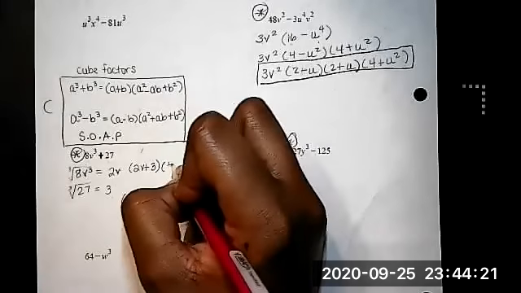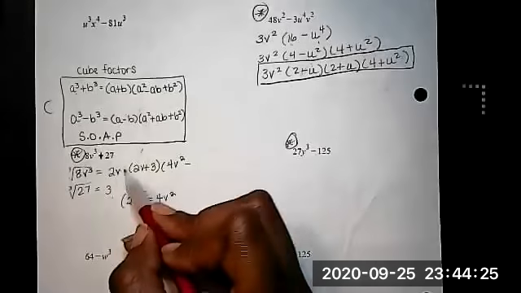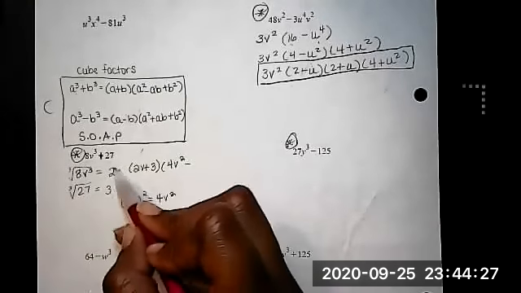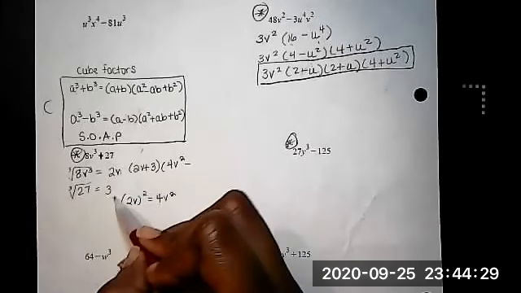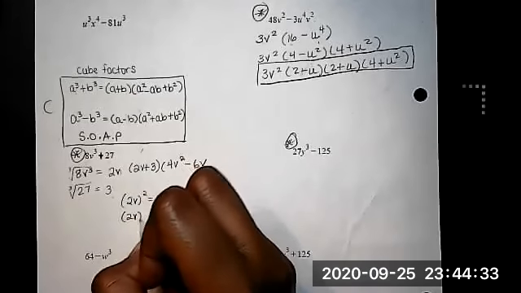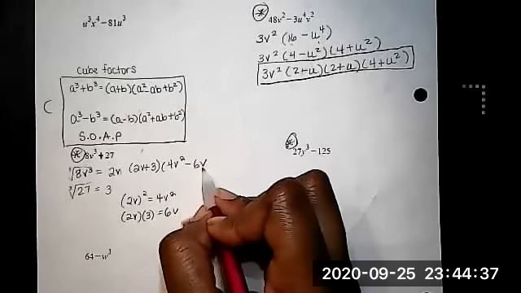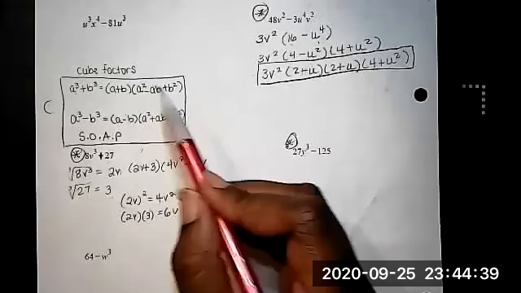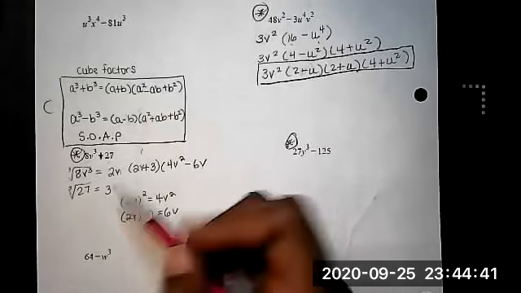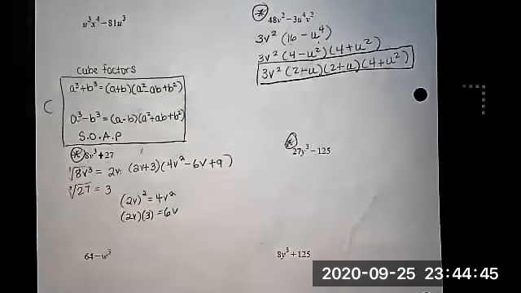So that's what would be right here. 4b squared minus 2b times 3. 2b times 3, which is a times b, becomes 6b. That's why I have the 6b there. Plus b squared, and our b squared is 9, because it's going to be 3 squared, which is 9.